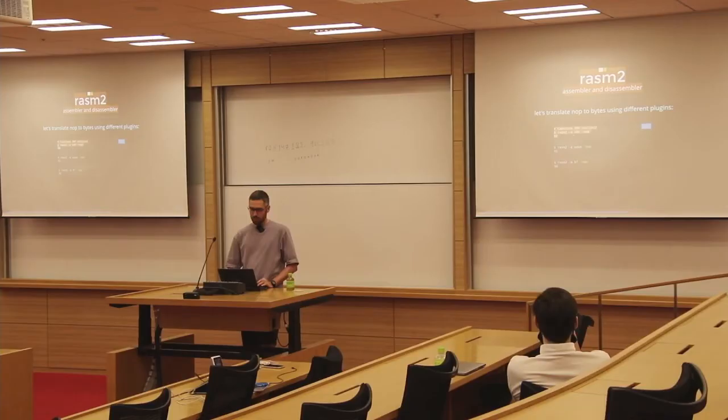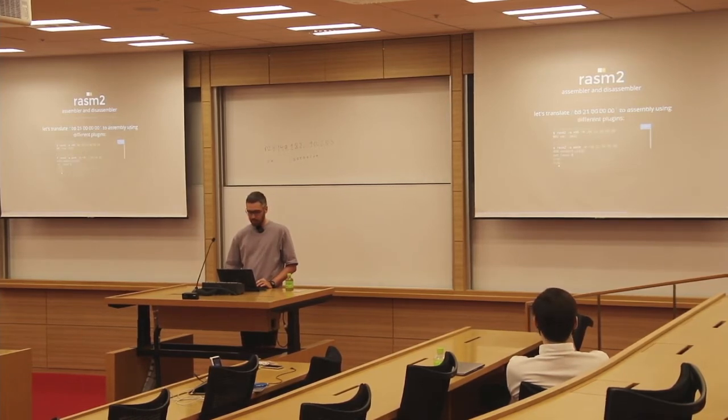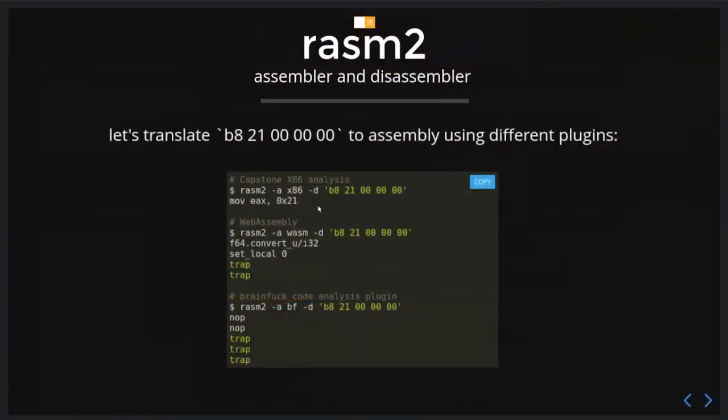You can assemble instruction NOP for x86 or for WASM WebAssembly or for Brainfuck, and you will see opcodes of them. Or you can do vice versa. You can disassemble from bytes into assembly for x86, for WebAssembly, the same bytes, or for Brainfuck.